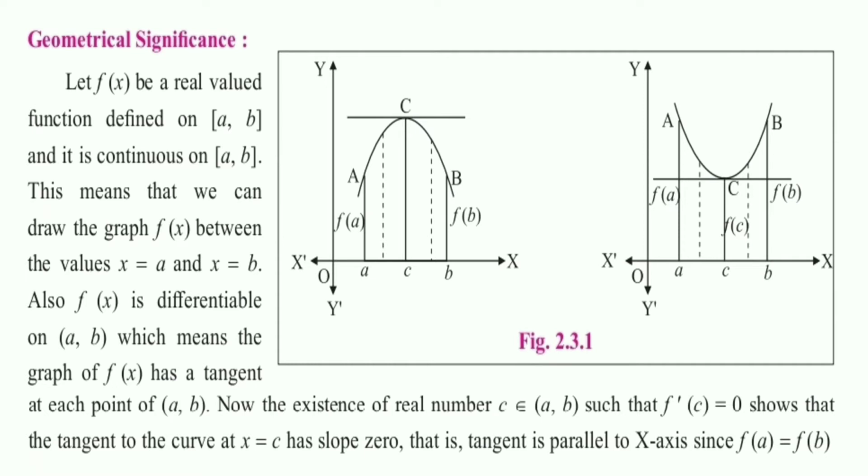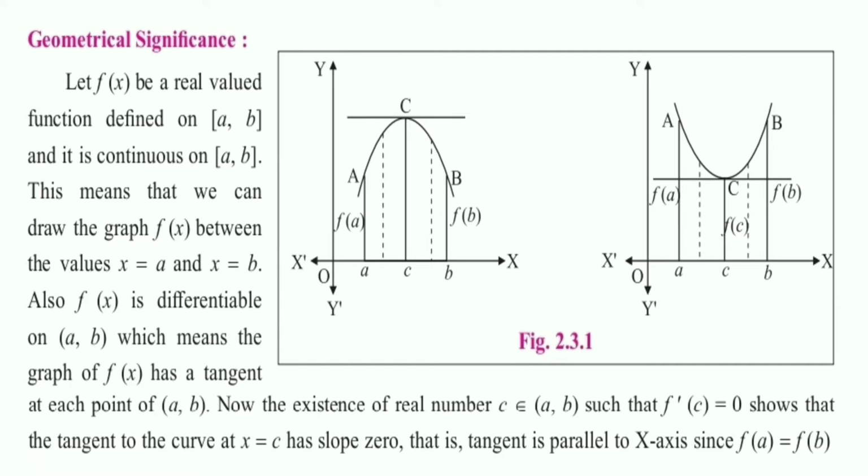Also, f of x is differentiable on open interval (a, b), which means the graph of f of x has a tangent at each point of open interval (a, b).